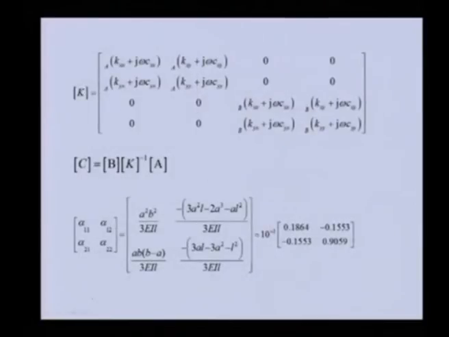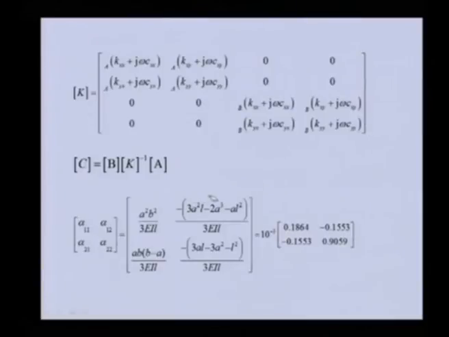The K matrix is like this, and we can substitute the values into it. The C matrix, which we defined as B into K inverse into A, is the influence coefficient matrix. We are considering the simply supported condition.